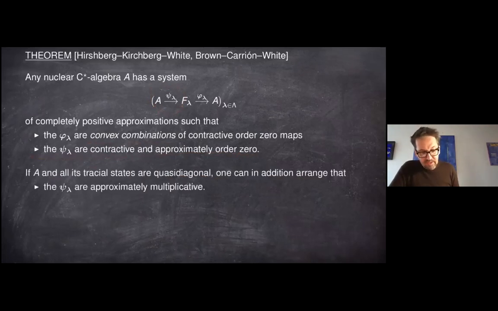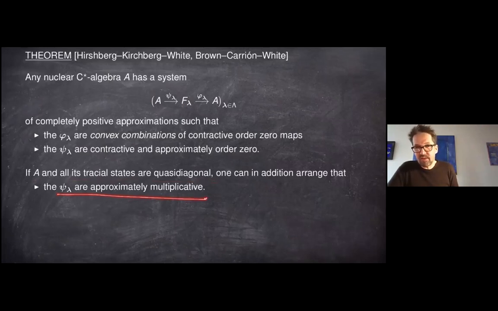And if both A and all its tracial states are quasi-diagonal, if you haven't heard what quasi-diagonal means, never mind, just take this as a side remark, then in addition, one can arrange that the psi^lambda are approximately multiplicative.